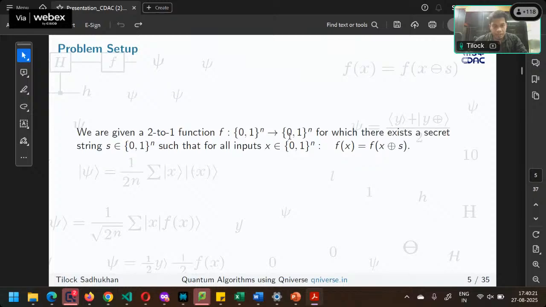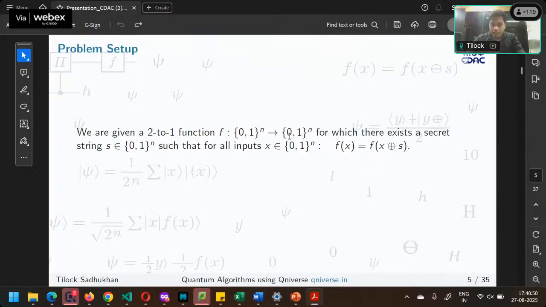As I just described what a two-to-one function is, the problem is we are given a two-to-one function where the inputs are all bit strings, so we are dealing with binary numbers, and the outputs are also binary numbers. In the previous examples, I showed you functions with decimal numbers, but here I am trying to give an example with binary numbers.